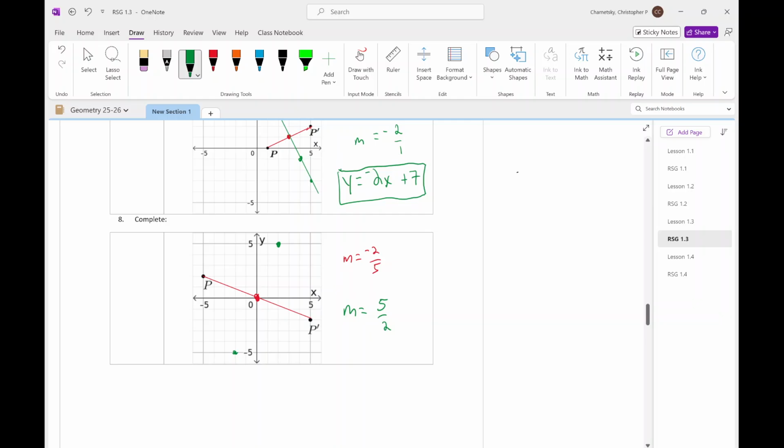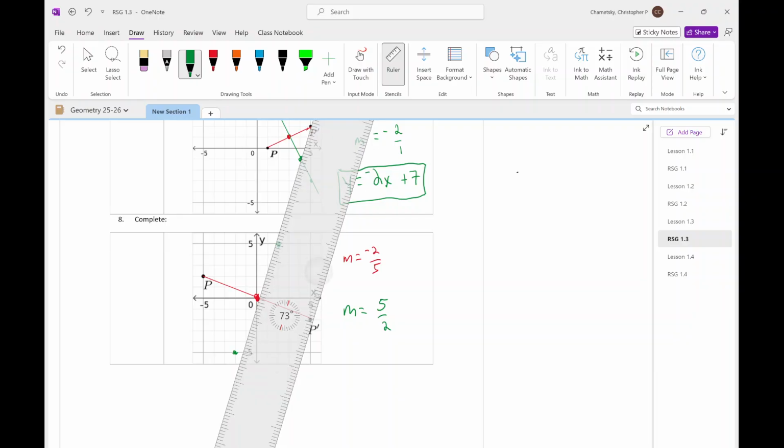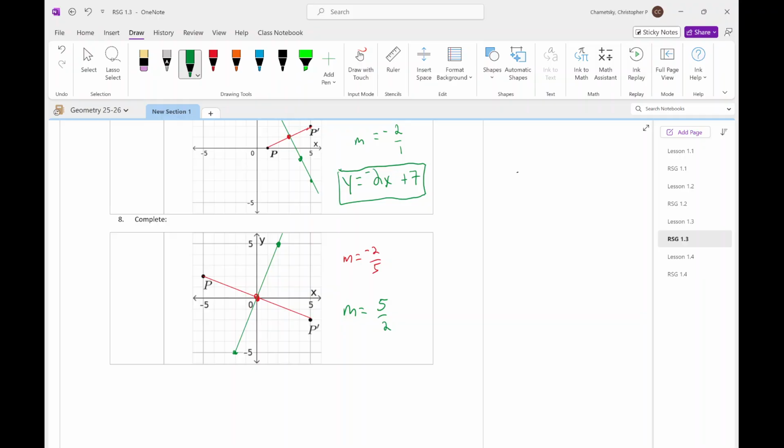So there's 3 points that I can sketch my line of reflection through. Okay. There's our reflection line. And the equation of that, well, we have our slope, y equals 5/2 x, and then it goes through the origin, so our y-intercept is 0, so that's just going to be our equation right there, y equals 5/2 x.